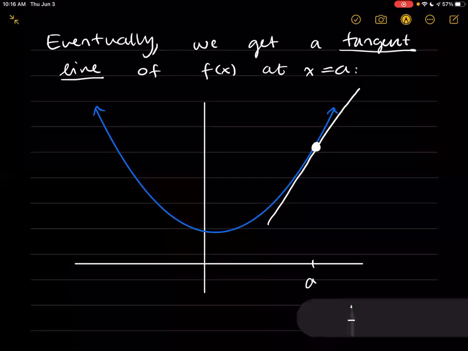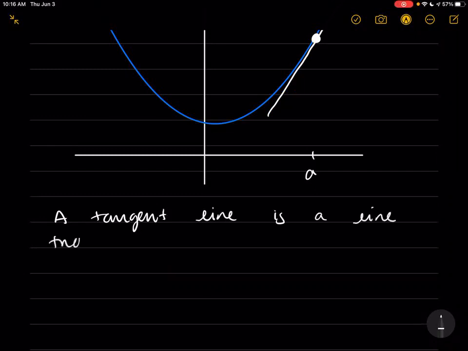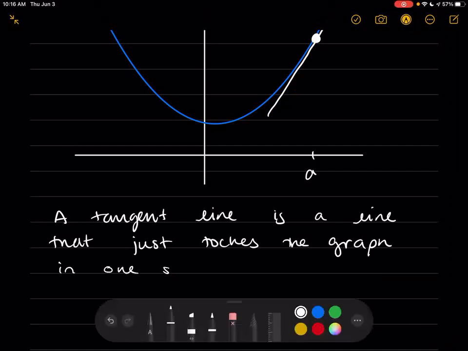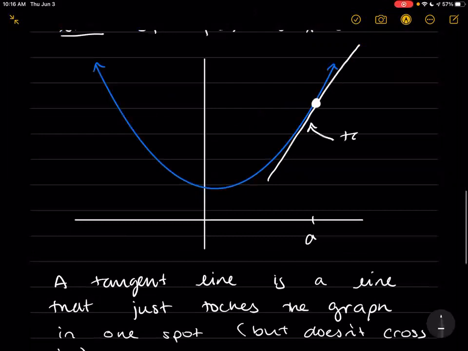So a tangent line is a line that just touches the graph in one spot but doesn't cross it. Okay, so this right here is our tangent line.